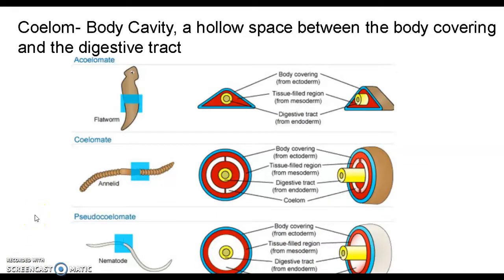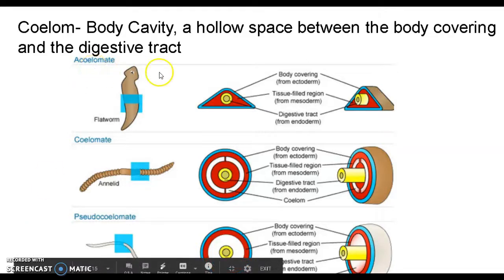The next way we classify animals is by the presence of a body cavity, or a coelom. It's a hollow space between the body covering and the digestive tract. And we classify these based on whether or not there is a body cavity and whether that body cavity is completely lined with mesoderm. So an acoelomate does not have a coelom, no body cavity.